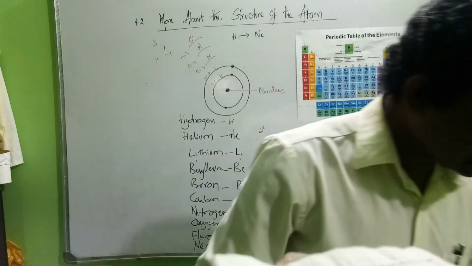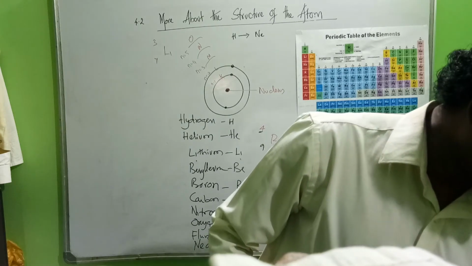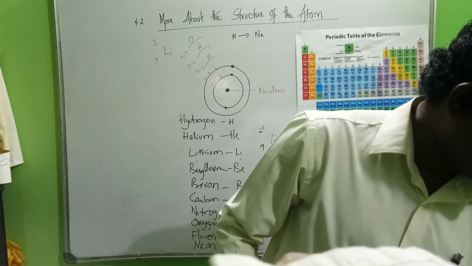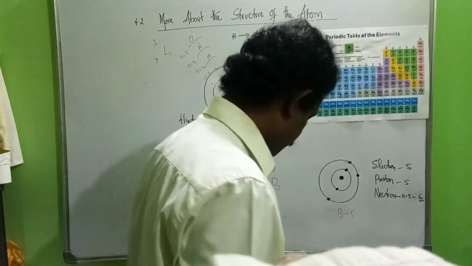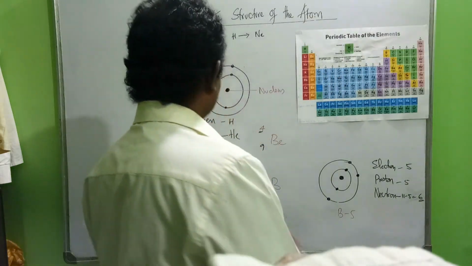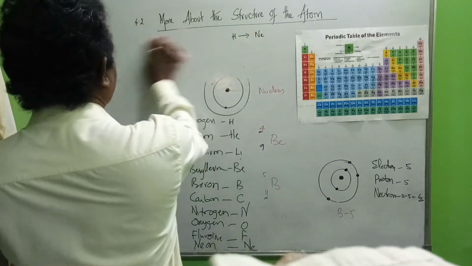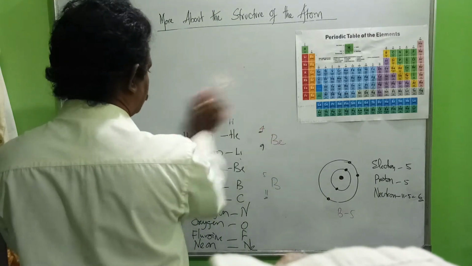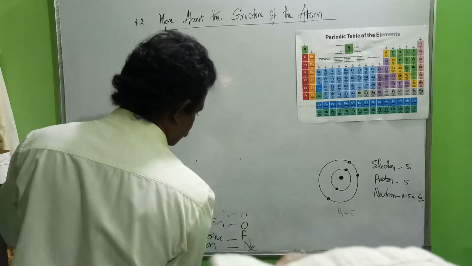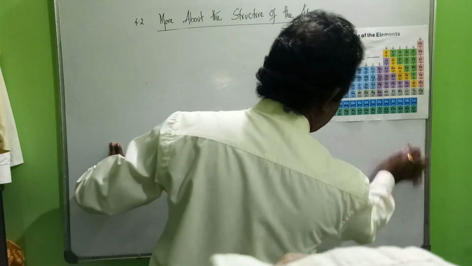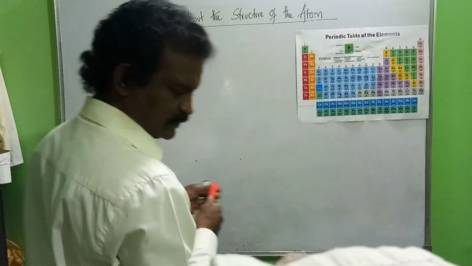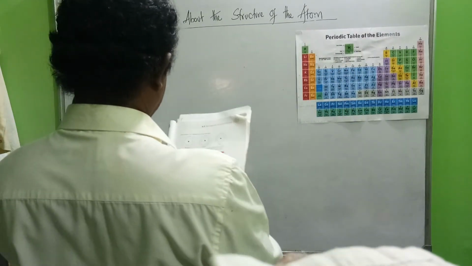Is it clear? Now that covers more about the structure of the atom. Now I'll give you some questions. Take down, you have to write this. I have already given some of you questions to practice. These are questions from your book only.